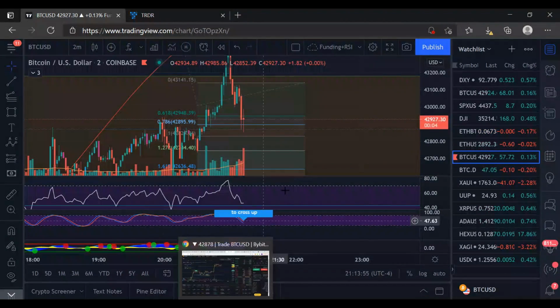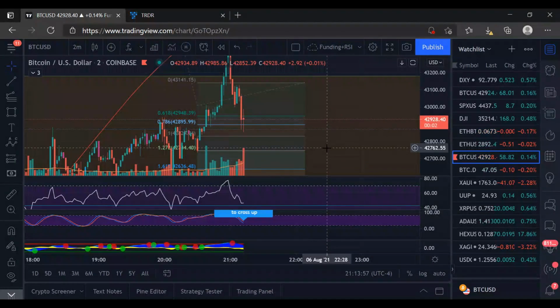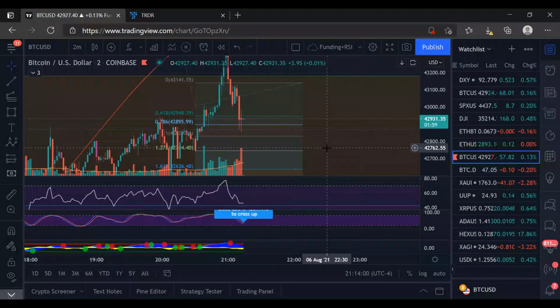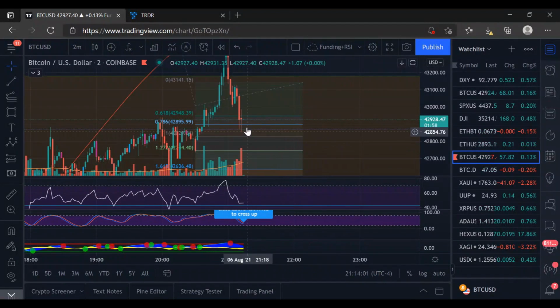Yeah, pretty much. Looks like it's struggling to come down now. If it barely tags the 1-to-1, you might have some algos that'll pick that up.